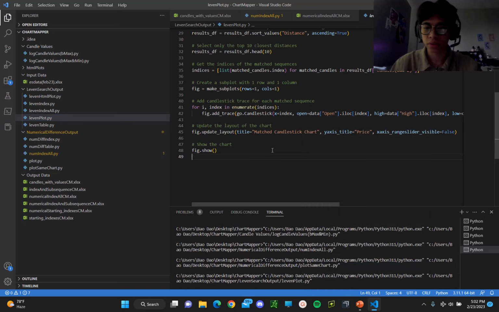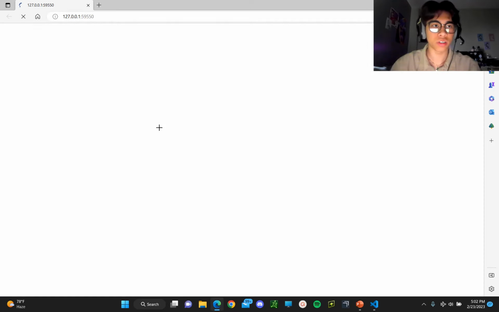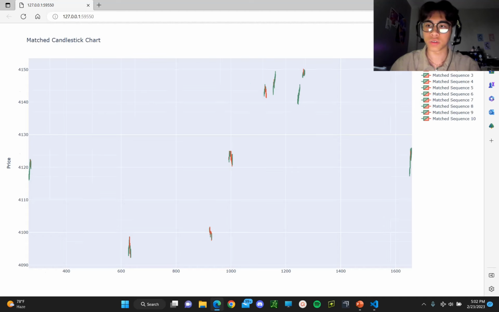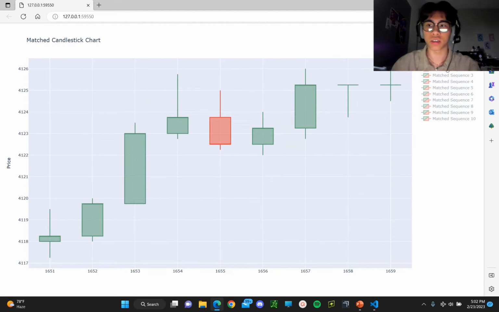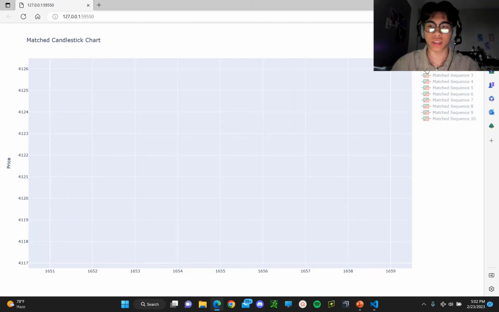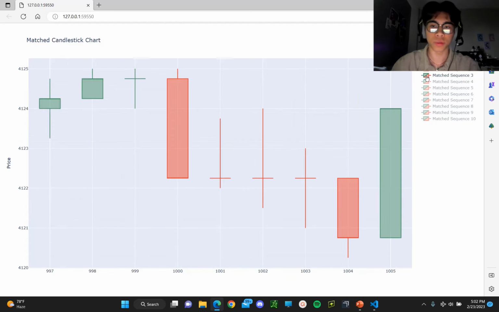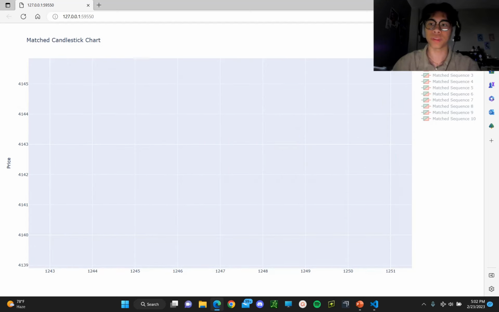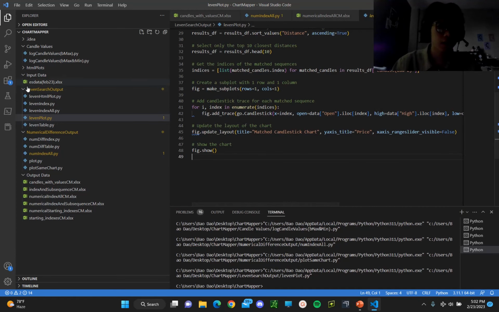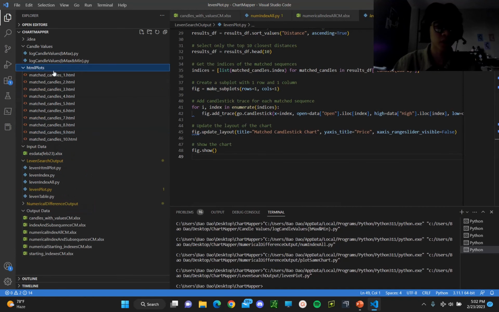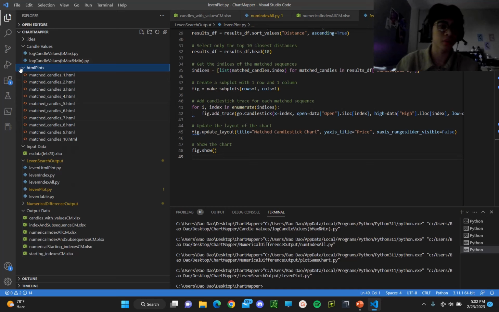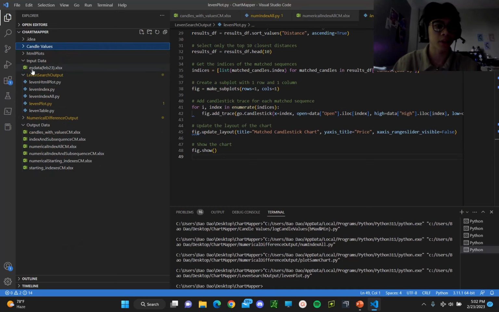Once again, this is the most similar, and then number two, number three, number four. All of these charts are stored in the HTML plots. And that's about it.